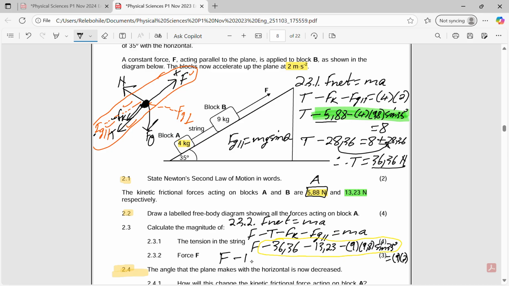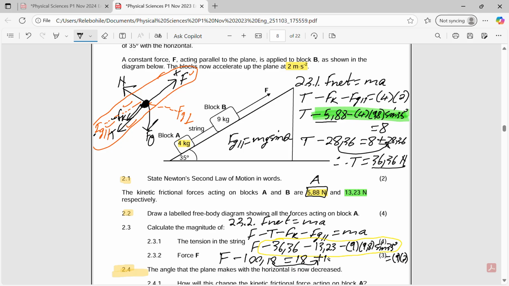negative 100 comma 18, okay, is equal to, and then here I have 9 times 2. Remember, this is 9, the mass of block B. 9 times 2 gives me 18, and then I will take this negative 100 comma 18 to the other side. That means I'm adding it.